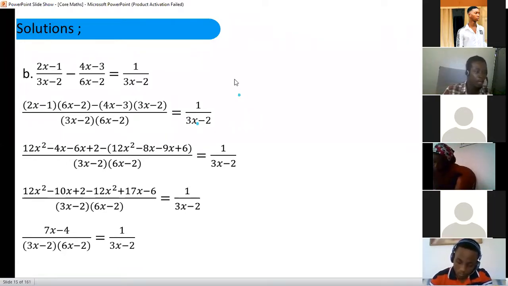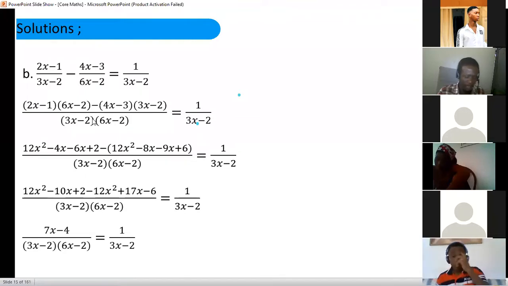Okay. So there's a need for us to simplify the left-hand side, which is the binomial. That is the complex aspect of the equation. So we use the LCM of the two fractions, as we did in algebraic expressions, addition and subtraction of fractions.